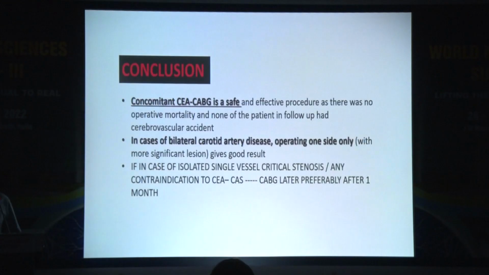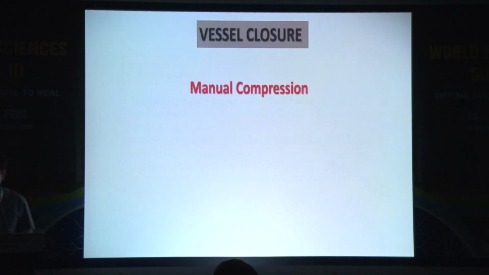The safety is very good; they have been tried and tested in most of the centers, and concomitant CEA and CABG is a safe and effective procedure. In case of isolated single vessel critical stenosis, or if there is a contraindication for CEA, we prefer to do a CAS first, and we prefer to do a CABG at least 1 month after the CAS.